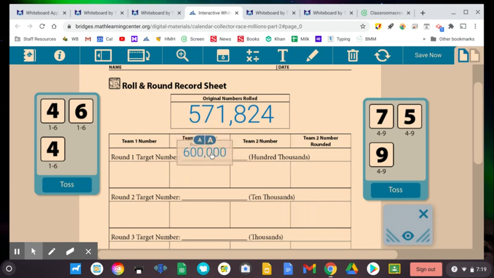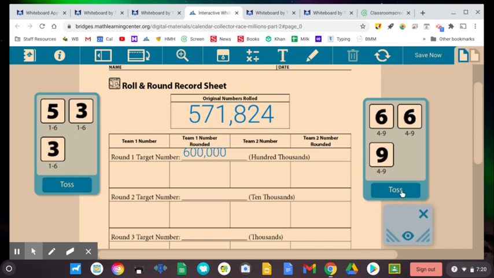And what we do next is that we have to roll our numbers. When we roll our numbers, we will assemble the 6 digits to try to form a number closer to the 600,000 so it can round to 600,000. So let's see what kind of numbers we can roll.